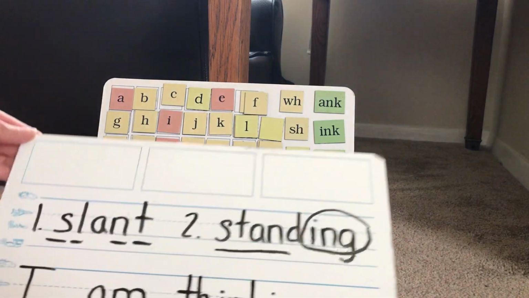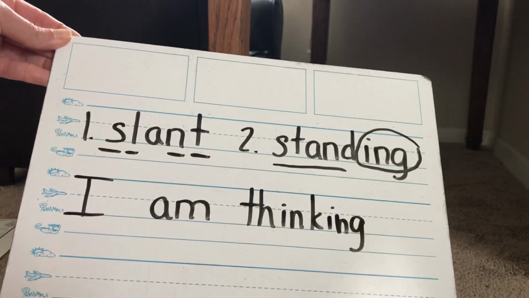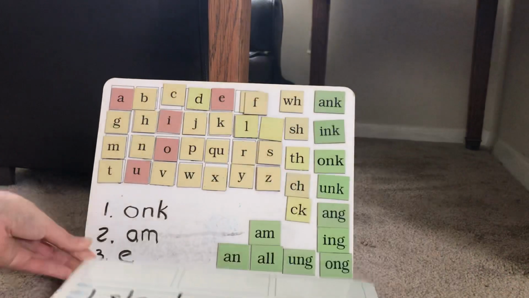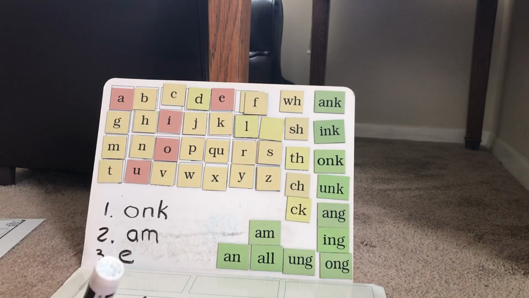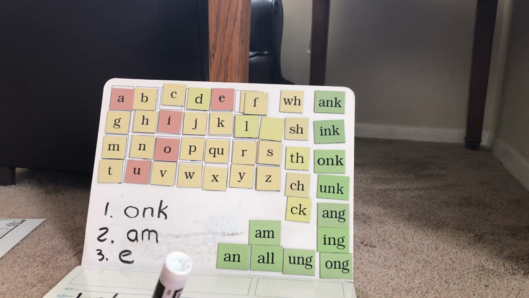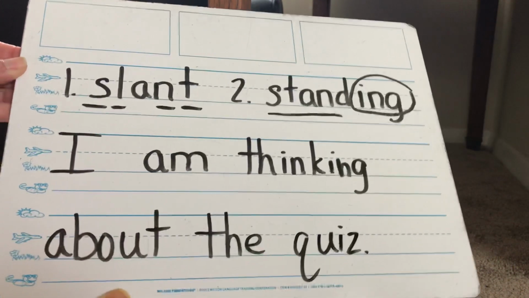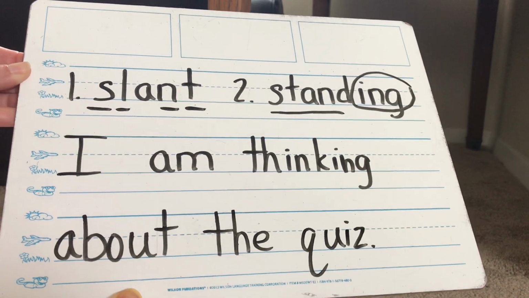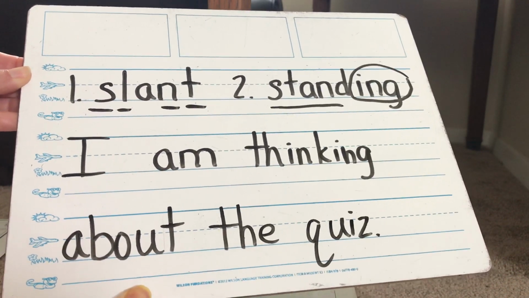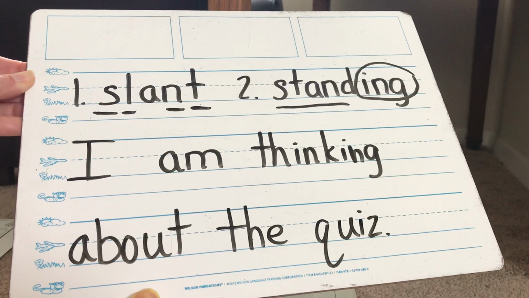See, so far I have I am thinking. Now we need about. So think of that trick word, A-B-O-U-T. The quiz. So there we have our sentence. I am thinking about the quiz.